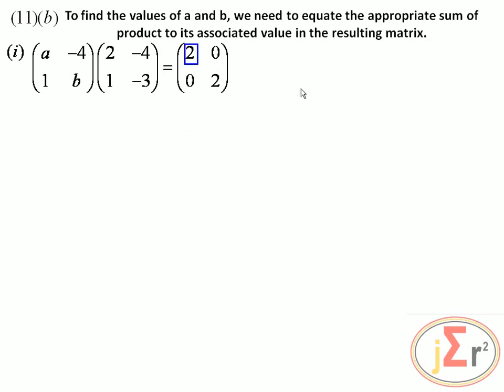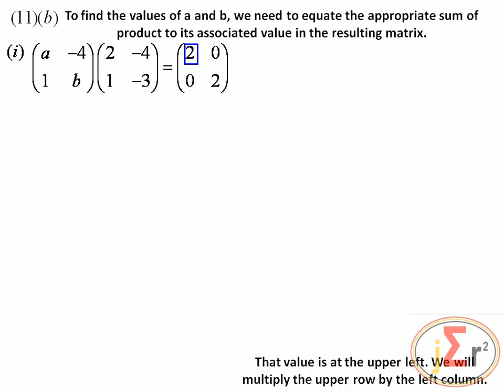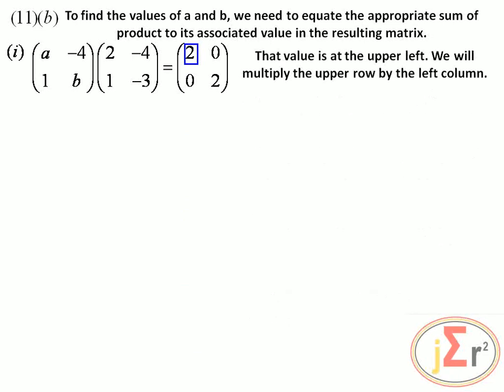So take a note of that result, which is the value at the upper left. We will multiply the upper row by the left column. So because this is at the upper left, we will multiply the upper row by the left column.